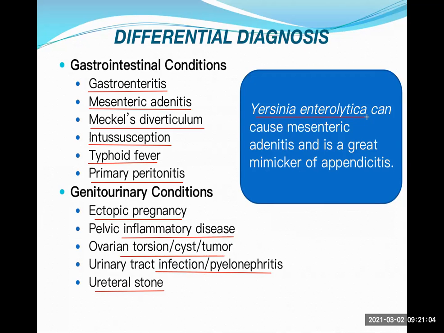This bacteria is usually present in meat which is not cooked properly, like pork or some other contaminated meat, food or water. If somebody consumes contaminated food, then there is a chance of mesenteric adenitis by this particular bacteria, which almost presents like appendicitis.